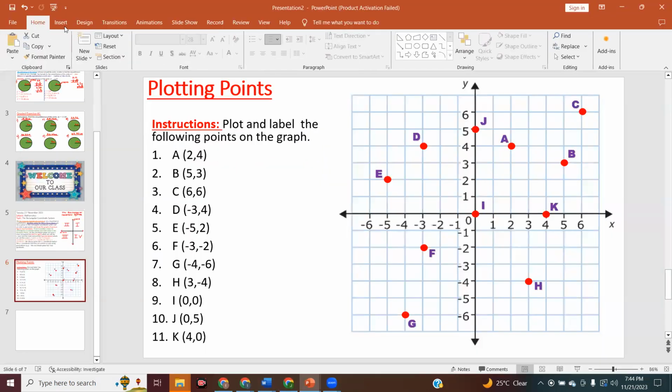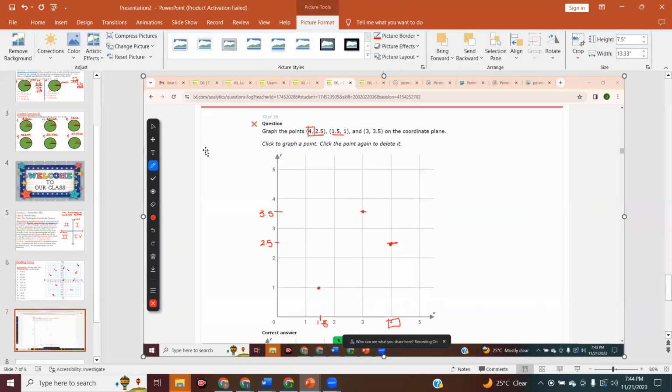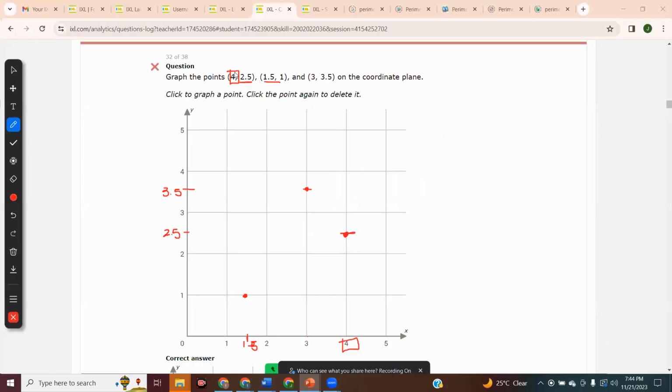What I said was that if you have something like this, if you look carefully, they ask for 4 and 2.5, right? Yes, sir. So you have to do 4. This is 4. You have to go up to 2, then you have to go in the middle, which is 2.5. You see that? Yes, I see it. So 4 and 2.5. And then they say 1.5 and 1.